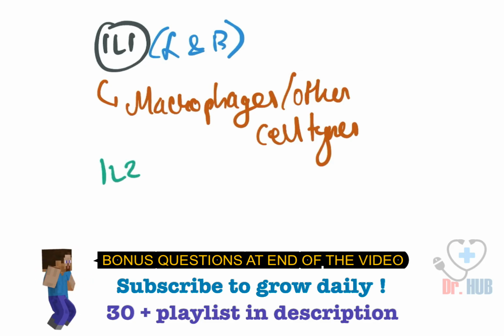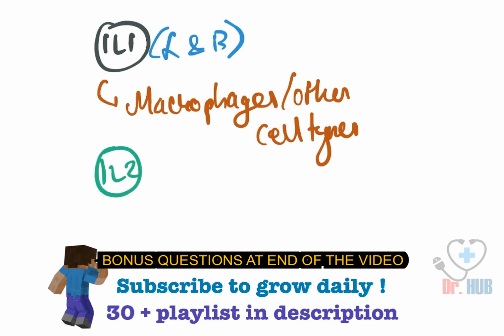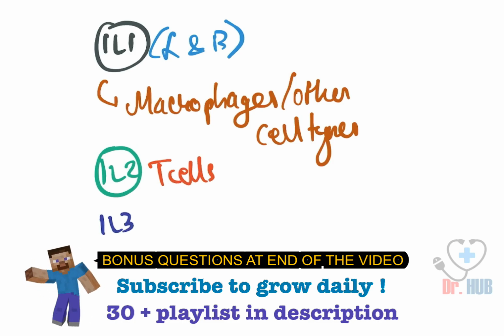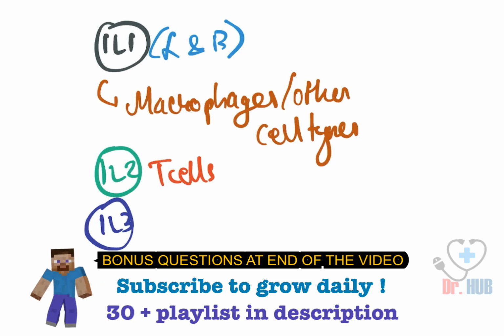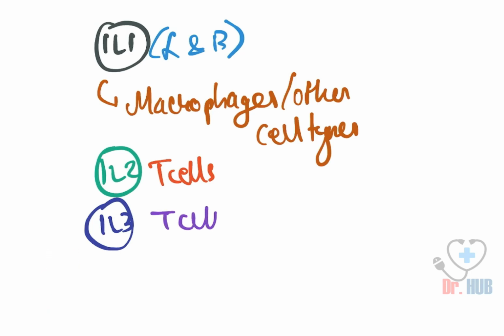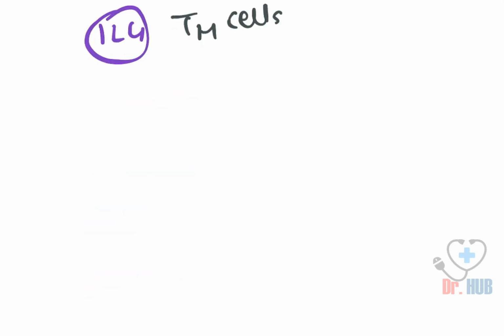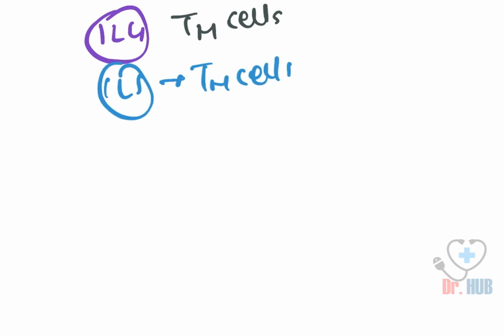Next, we look at the IL-2. IL-2 includes the T cells. Then we look at the IL-3. IL-3 also includes the T cells. What about the IL-4? IL-4 is also the TH cells, T helper cells. And IL-5 is again the TH cells.